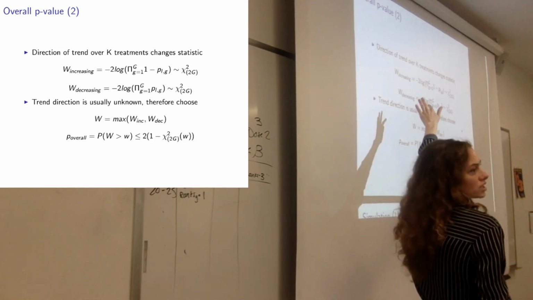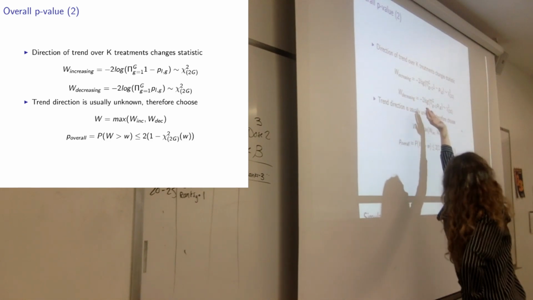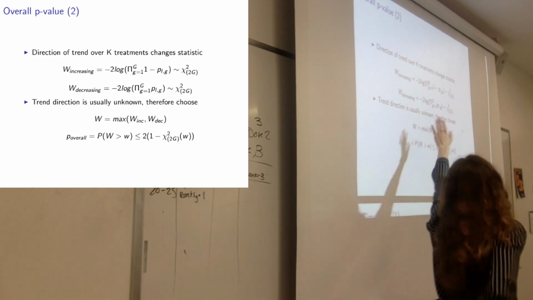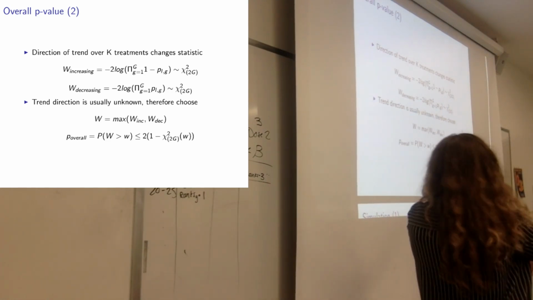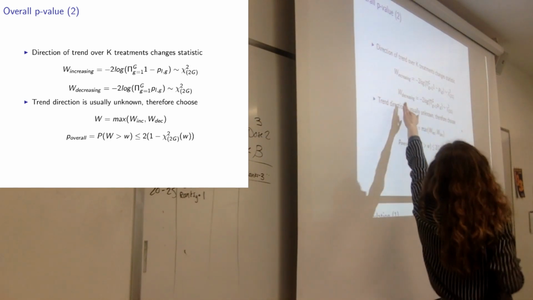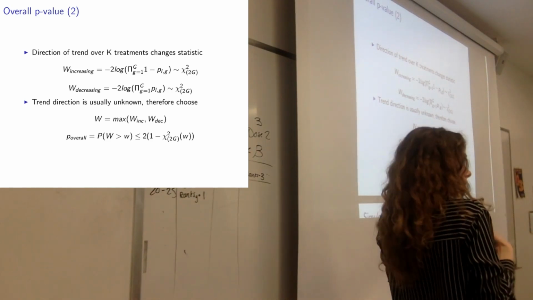So W is just a new test statistic that we're going to be looking at. -2 log of product 1 minus PL of G. So if you're increasing, you expect this to be large, and so you want this right-hand probability, so 1 minus. And then W decreasing, you want the product of the left-hand probabilities.